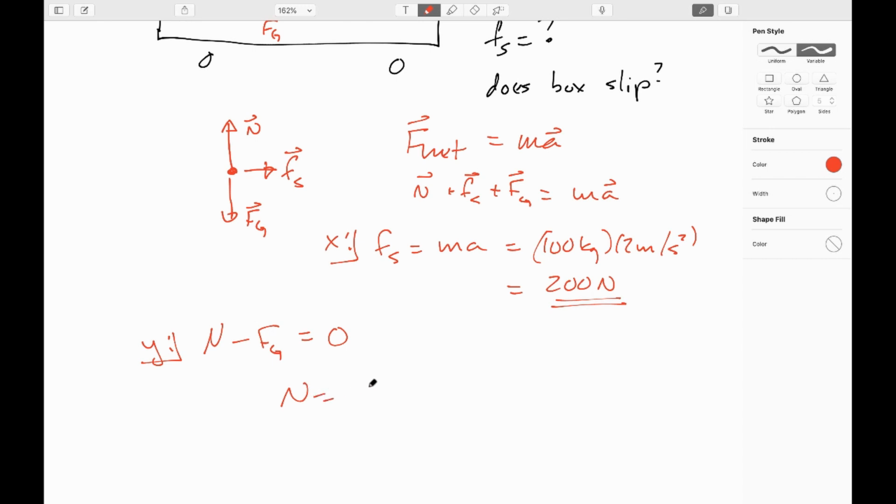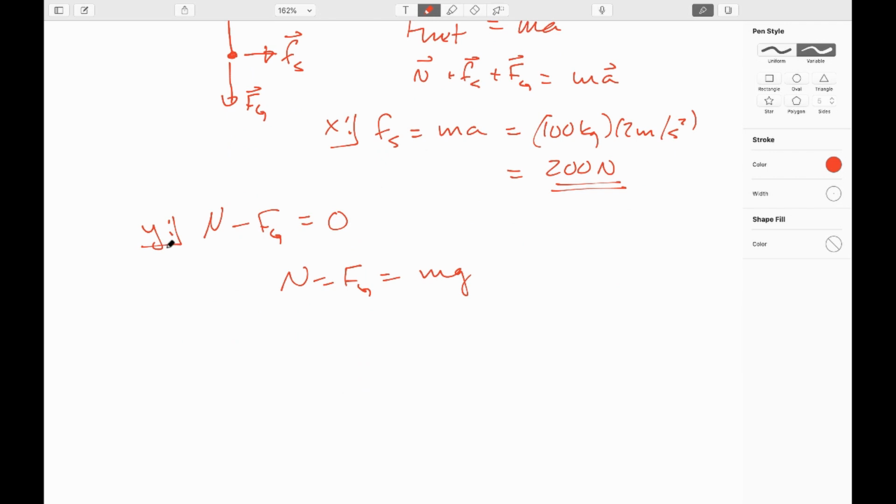So we get the normal force is equal to Fg is equal to mg. By our model of friction, the maximum possible value that static friction could be before things start slipping will be mu static times the normal force. So it'll be mu static mg in this case.